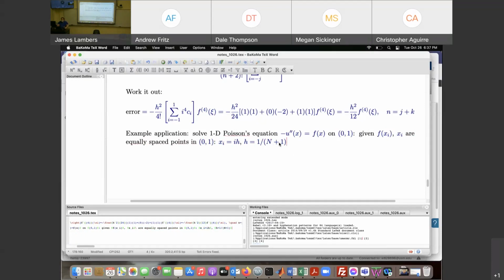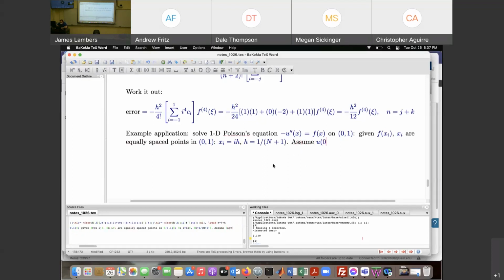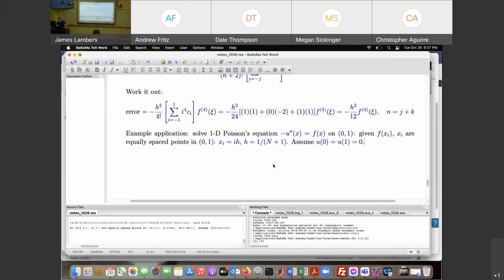And this is the spacing between them. And we assume boundary conditions: we assume u is equal to 0 on the boundary. Then we have the following.